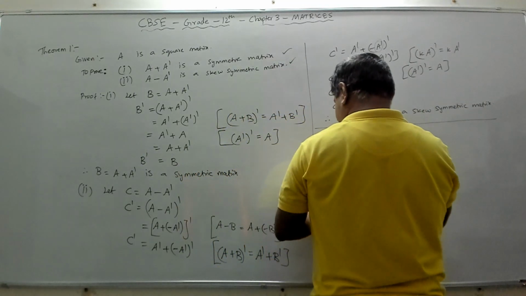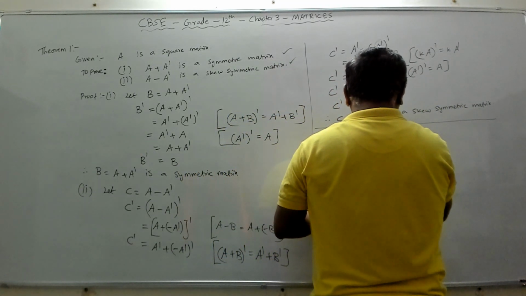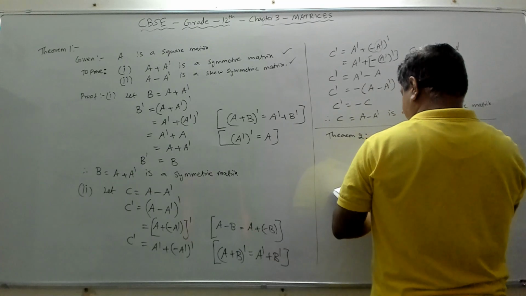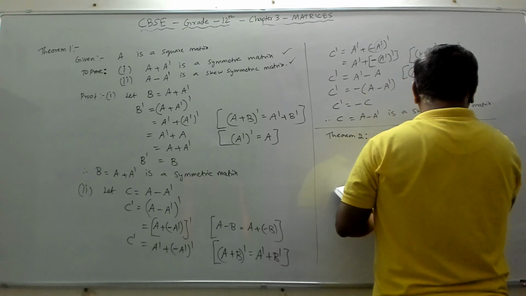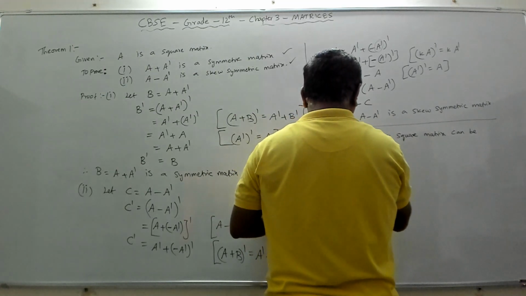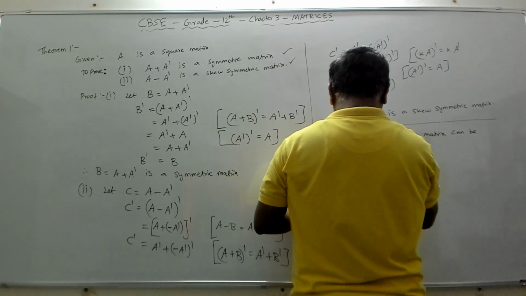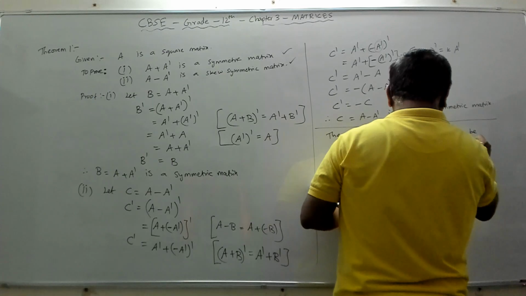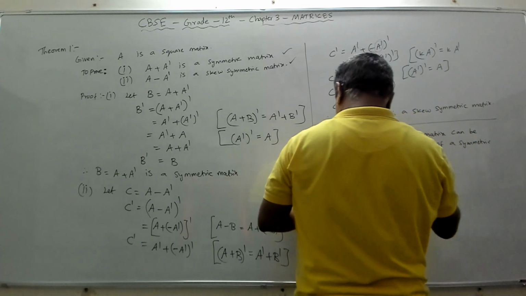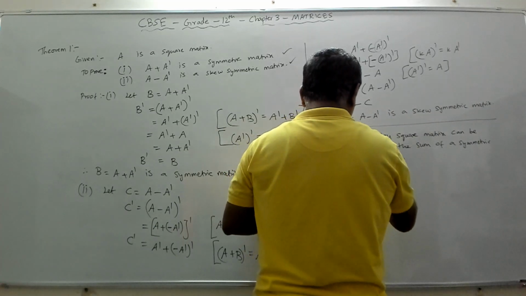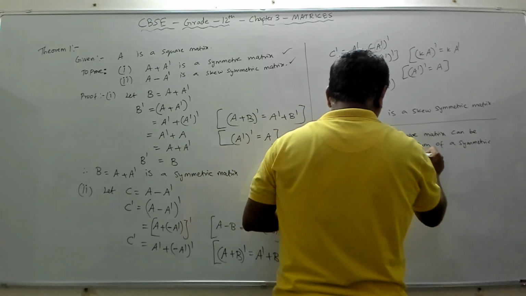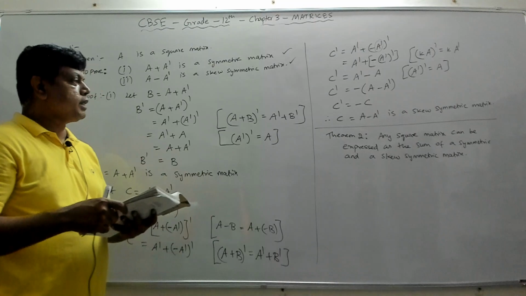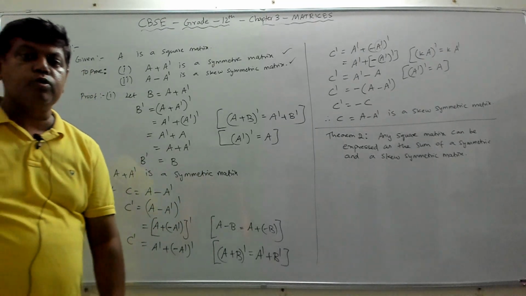What this theorem states is, any square matrix can be expressed as the sum of a symmetric and a skew symmetric matrix. That's what it says.